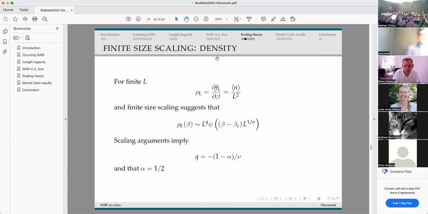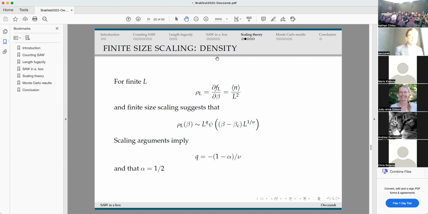Now, here's the scaling scenario in 2 variables. If we go back and consider the finite size situation, where you have a box of finite length L, but make L very large, finite size scaling theory, which is a form of crossover scaling, around the point beta equals beta c, near that critical point and near L equals infinity, you expect that rho of L will scale as L to some power, which you don't know, multiplied by some scaling function, which depends on a scaling combination.